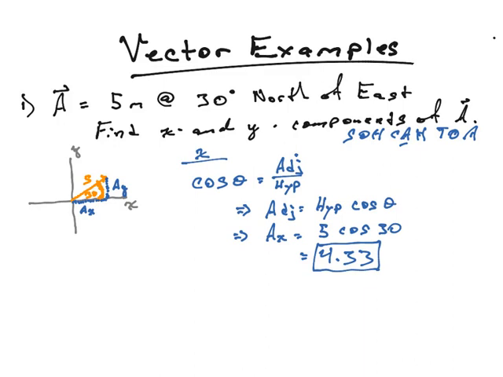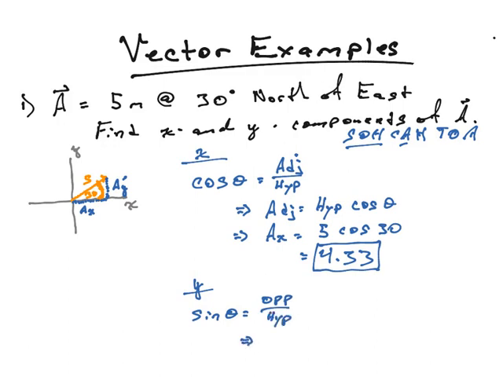For the y component, of course, we're going to do the same thing. We're going to say y, that's this side over here. That's the side opposite to my angle. Opposite from SOHCAHTOA goes with the SOH part, so that's sine. So it's sine of theta equals the opposite side over the hypotenuse.